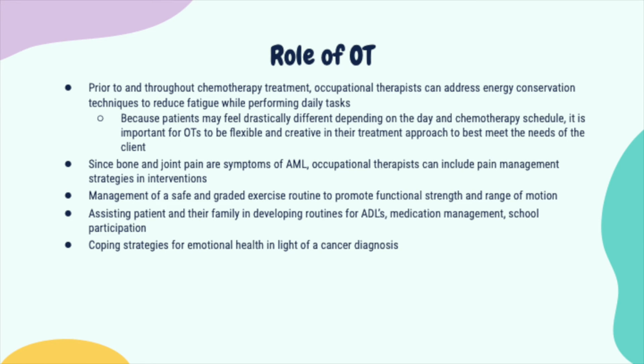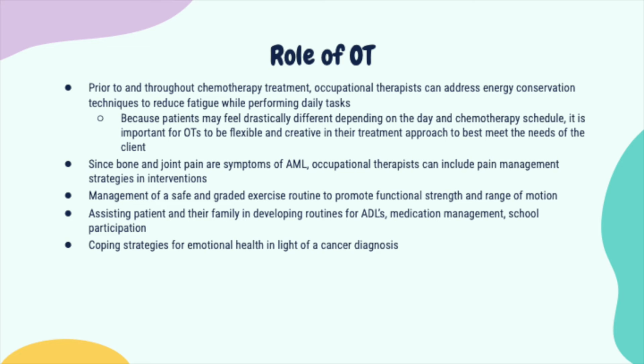When working with younger AML patients, an occupational therapist may seek to address symptoms of fatigue through energy conservation techniques. Pain in bones and joints can also be addressed through pain management strategies provided by an occupational therapist. Exercise routines will help patients with AML retain as much muscle strength and endurance as possible.